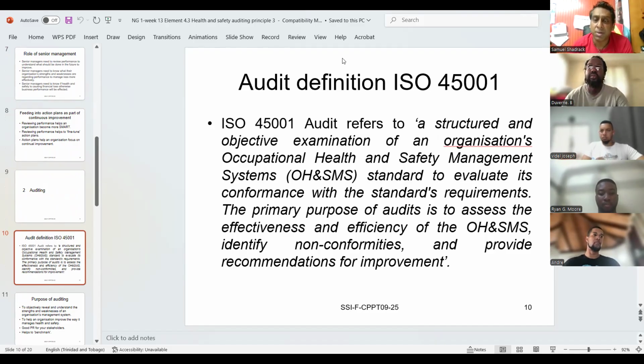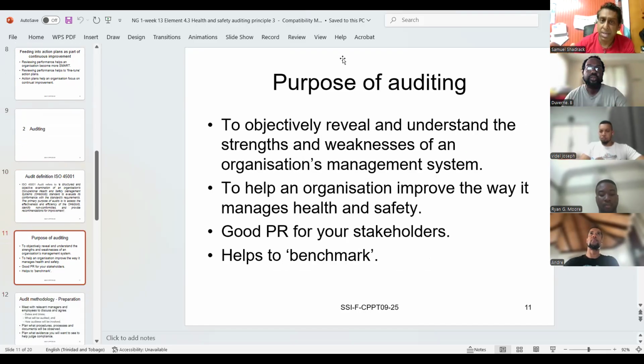The primary purpose of audits is to assess the effectiveness and efficiency of your occupational health and safety management system, identify non-conformances, which we call NCs, and provide recommendations for improvement. I will explain at the end, right?